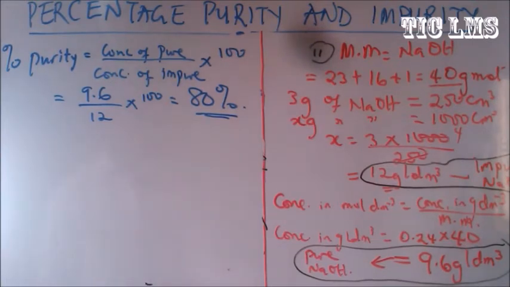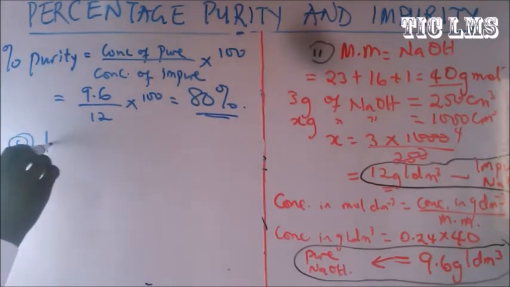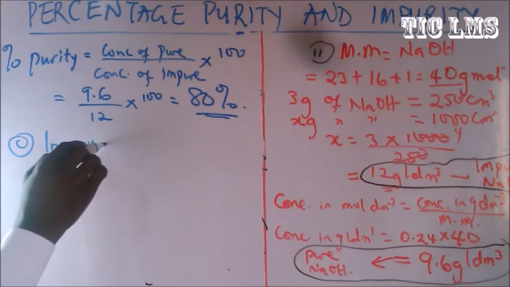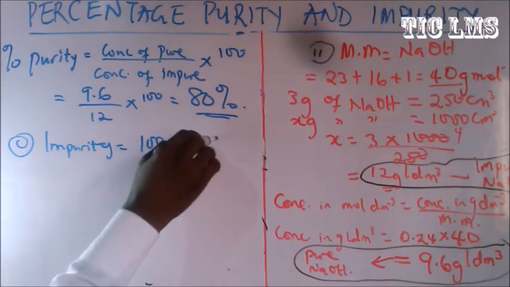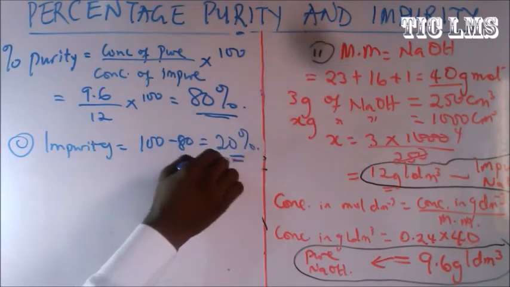Then the third part of this question is to find the percentage impurity of sodium hydroxide. Now, if 80% is the purity, so we can have that the impurity will be 100 minus 80%, and that will be 20%. So this is the percentage impurity.